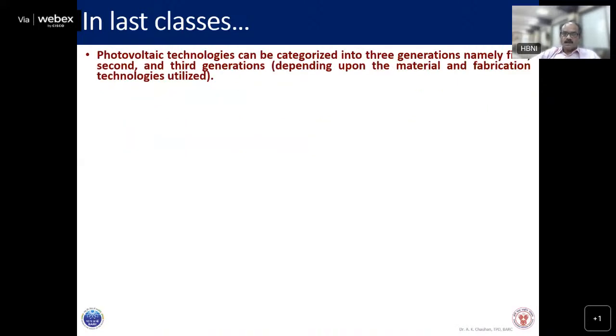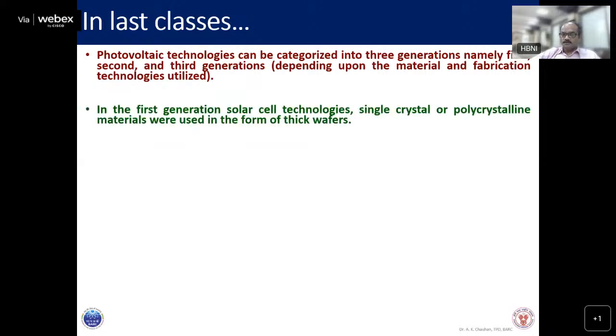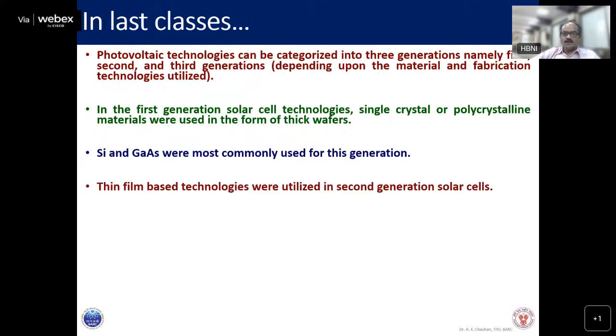Then photovoltaic technologies can be categorized into three generations: first, second, and third. In first generation solar cells, mostly single crystalline or polycrystalline materials are used in the form of thick wafers. Silicon and gallium arsenide were most commonly used in the first generation solar cells.